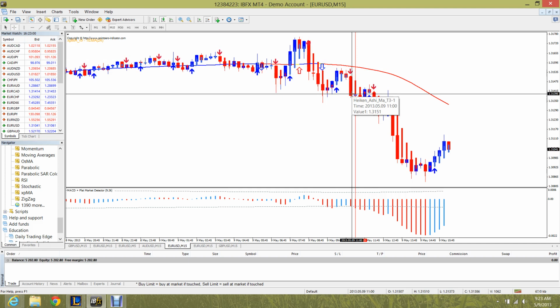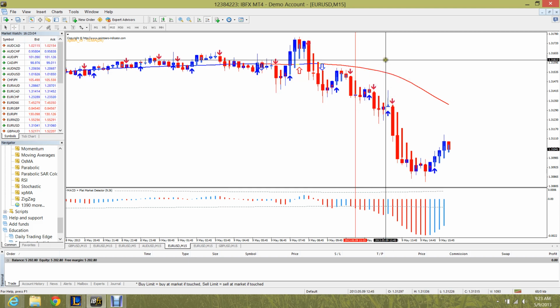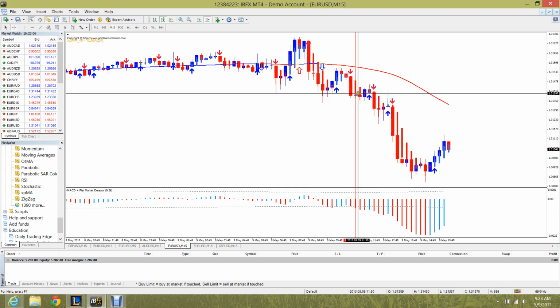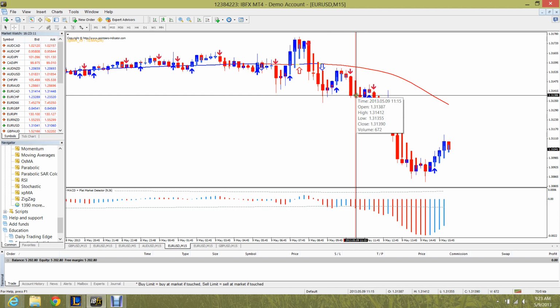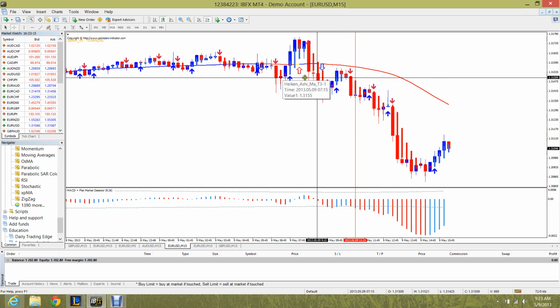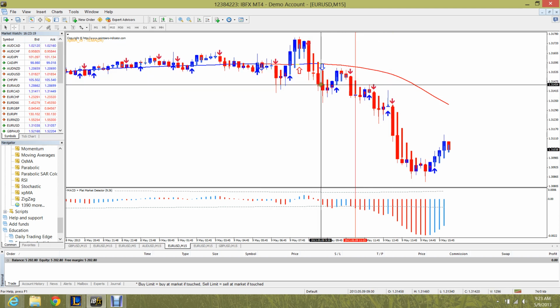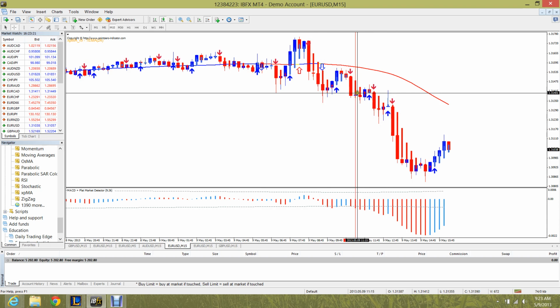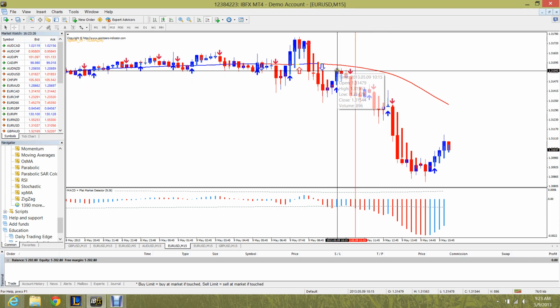I usually stick to between 10 and 20 pips for each of my take profits, and my stop loss is usually the last highest high or lowest low, or swing high or swing low, as another way to put it. So here's our trade, and the latest swing high on my book is right here.